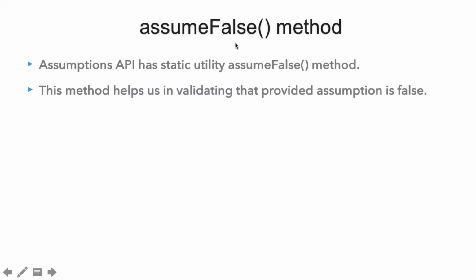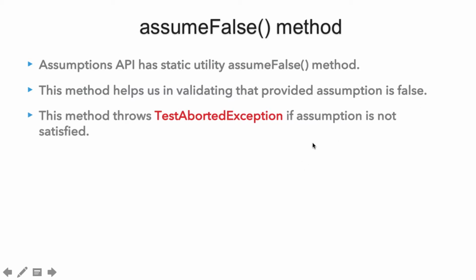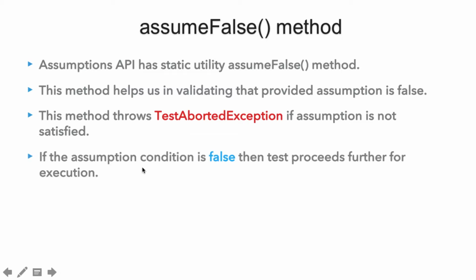Now this method takes in a boolean condition which we assume to be false, and this method helps us in validating that the provided assumption is false. So whatever boolean condition we have provided, we are assuming it should be false. If that assumption is not false, then the assumeFalse method throws a TestAbortedException.